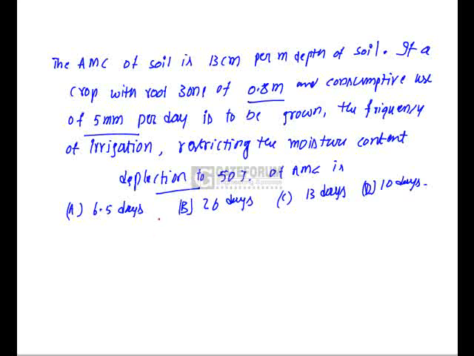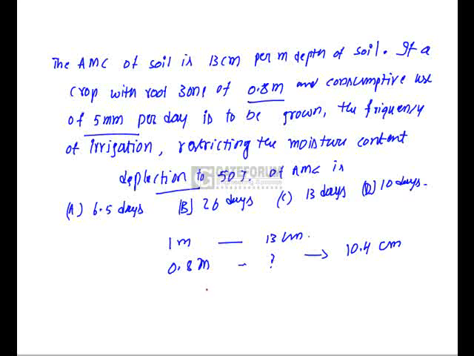So for 1 meter depth of soil, moisture content required is 13 centimeters, and what is the value for 0.8 meters? That is going to be 10.4 centimeters.